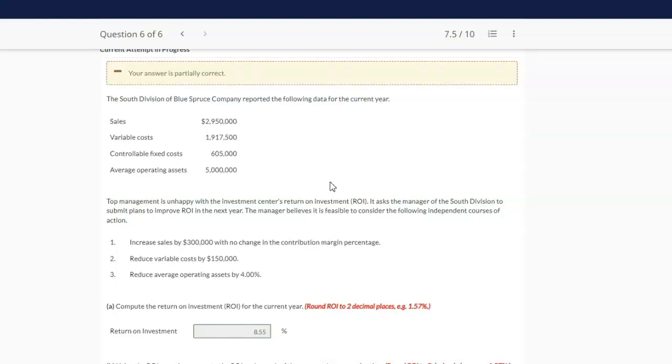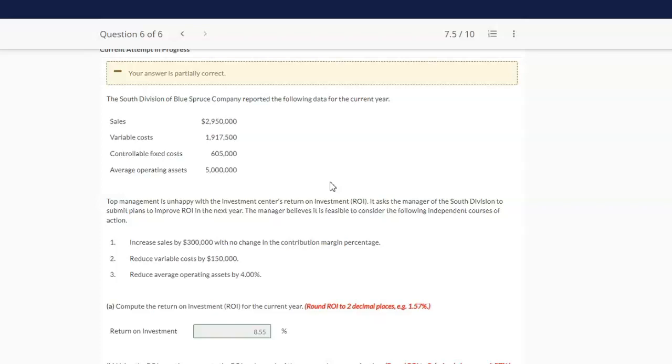So the new contribution margin: I subtract 1,767,500 from 2,950,000 and I'm getting 1,182,500. That's the new contribution margin.